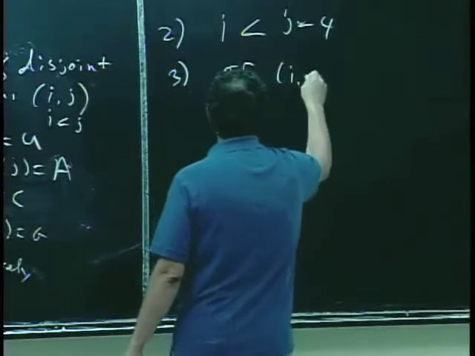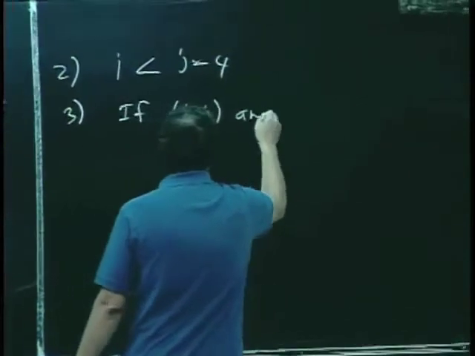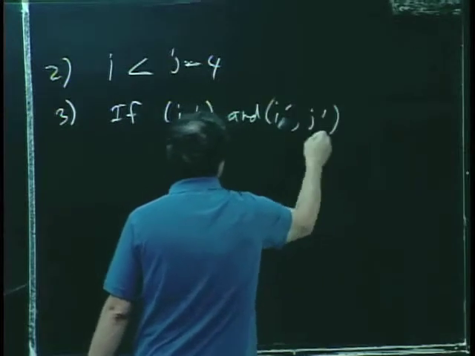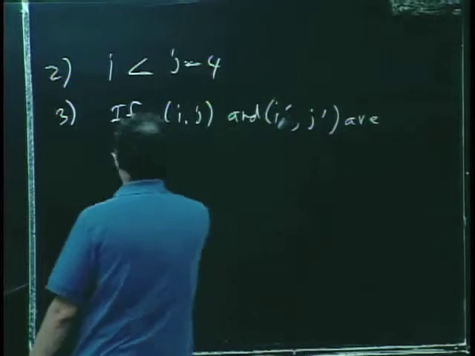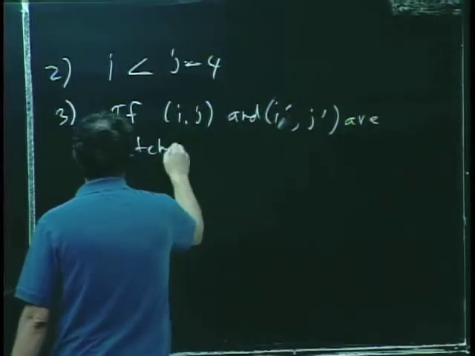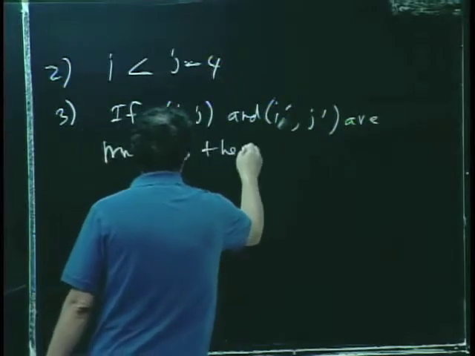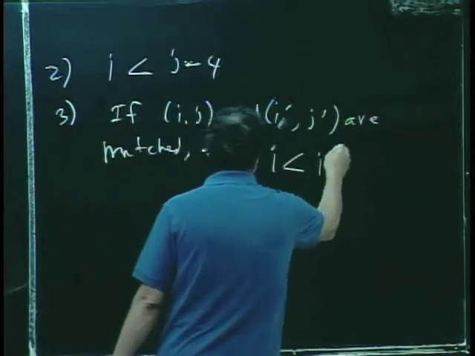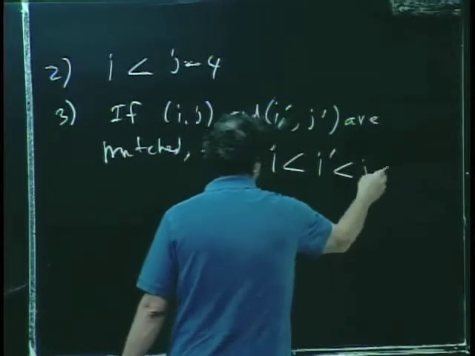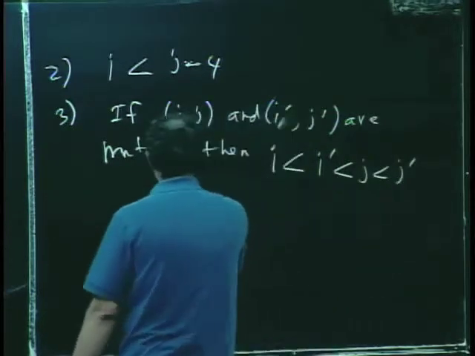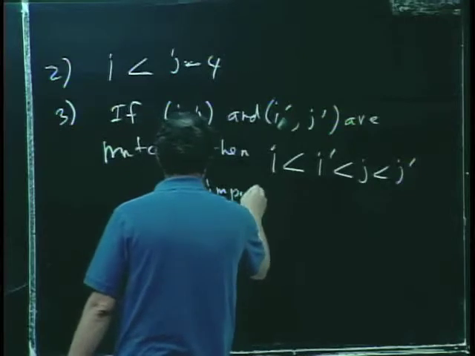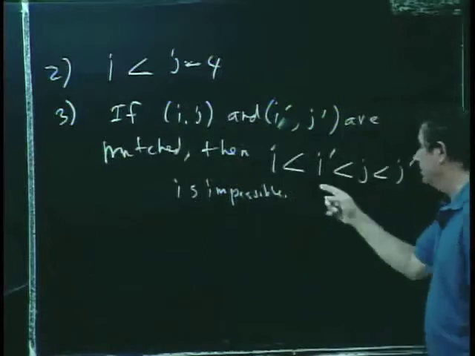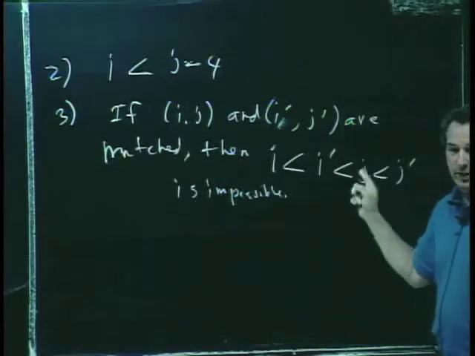If I, J and I prime, J prime are matched, then I less than I prime less than J prime is impossible. We don't permit this kind of matching of pairs.